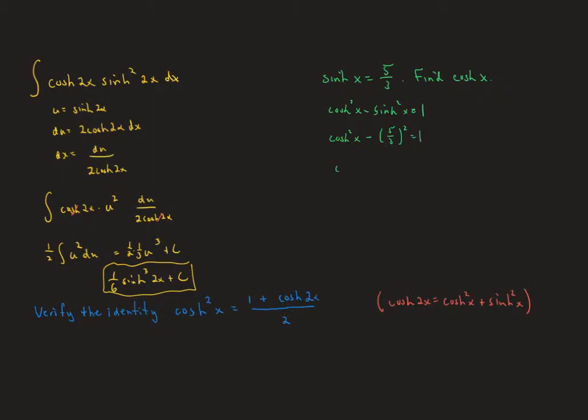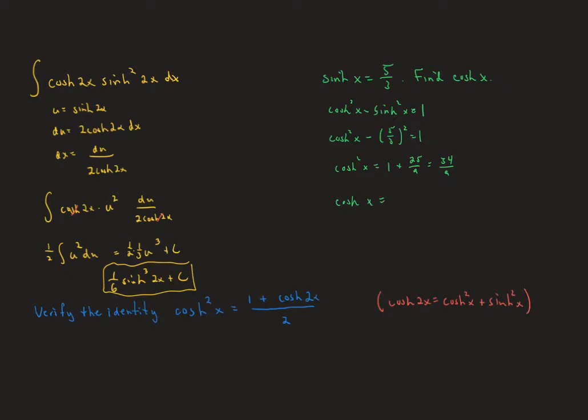So we can get the hyperbolic cosine squared of x is going to be 1, and we're going to add 25/9. And since 1 is 9/9, that's going to make that be 34/9. And we can take the square root of both sides.